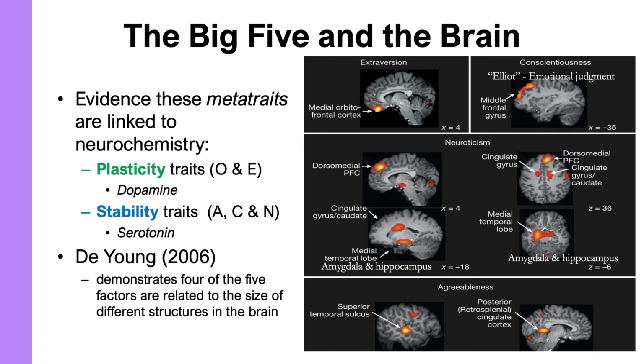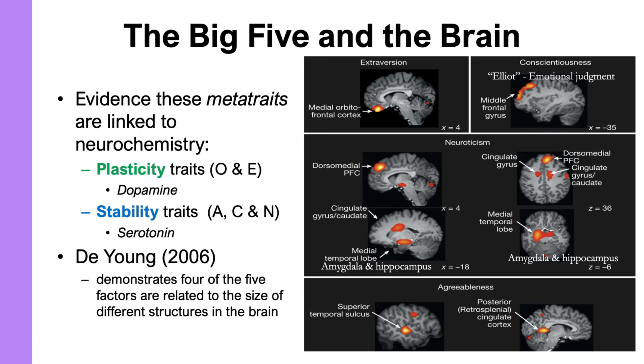Remember Elliot. Elliot suffered from a tumor in the midline in the medial frontal lobe, and when the tumor was removed, he had a difficult time with emotional judgment and moral decision making and reasoning. You would expect then that the size of this structure, the middle frontal gyrus in the medial frontal lobe, would be associated with conscientiousness.